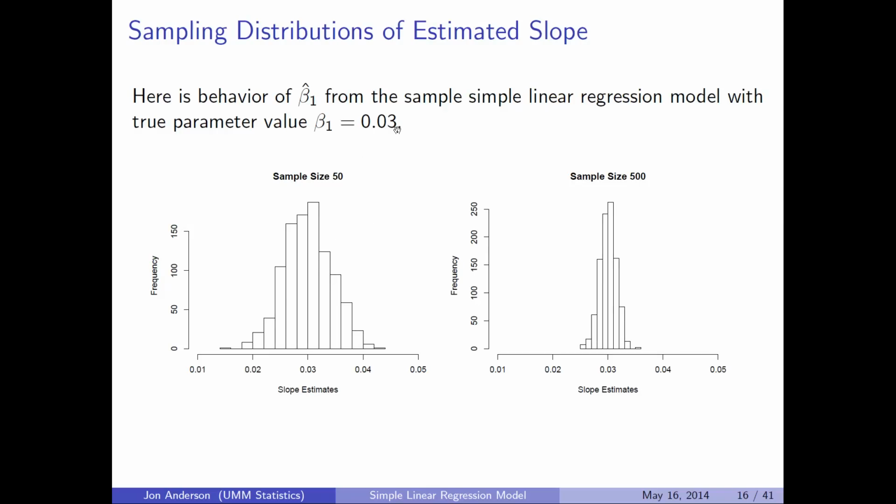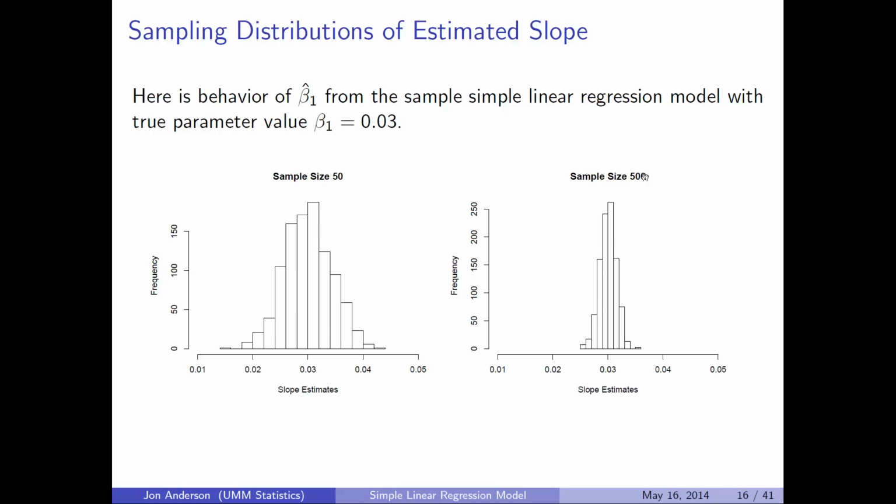Remember, the truth is 0.03, and notice that my beta hats tend to average around 0.03. Some random samples gave a scatter plot where the slope was a little bit bigger than the truth in the data creation system, and some scatter plots gave me an estimated slope that was less than 0.03, but on average they're 0.03.